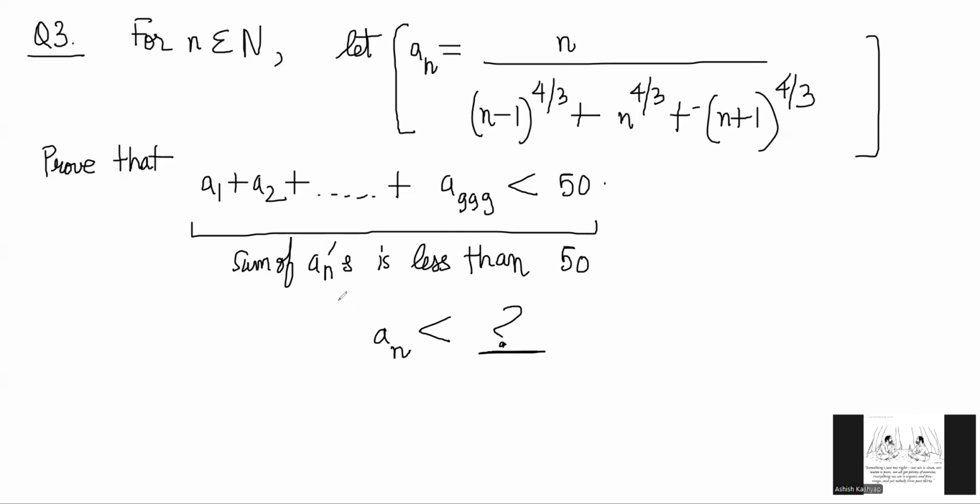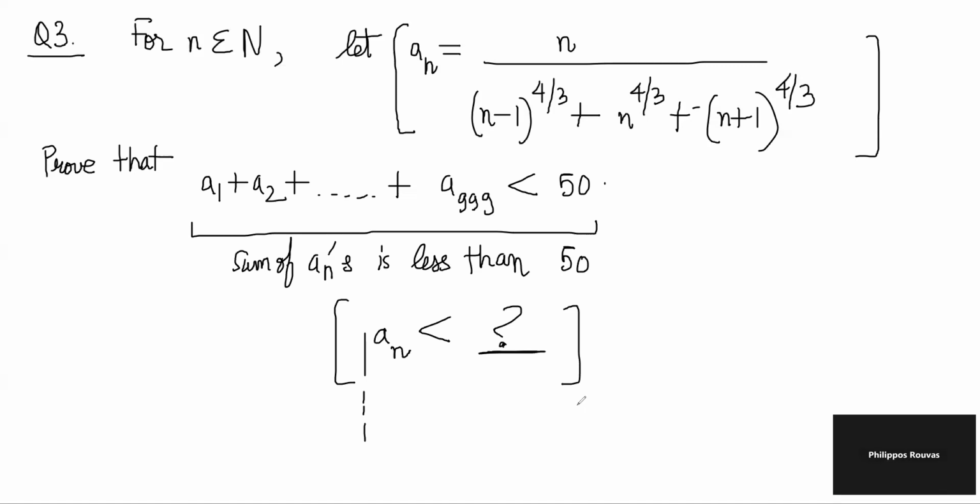If we can get an inequality like this, then we can add all the a_n, right? Are you following what I'm saying right now? Yes. So our target here should be, can I get an inequality like this?